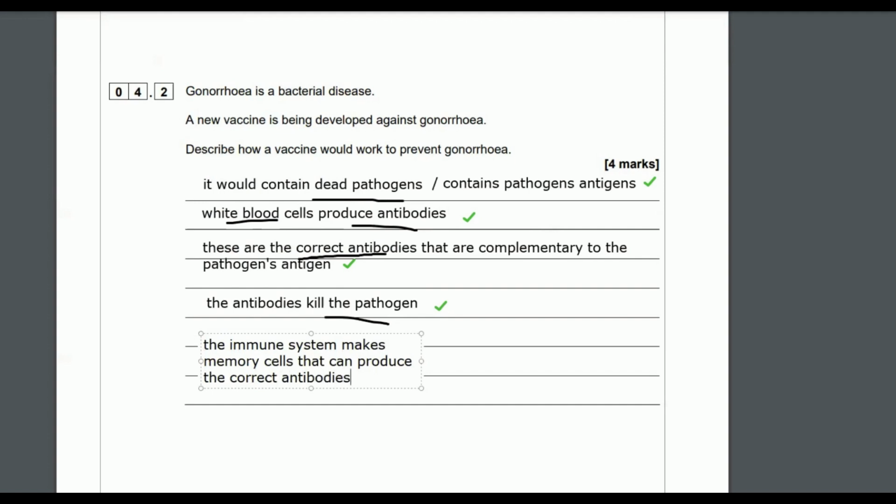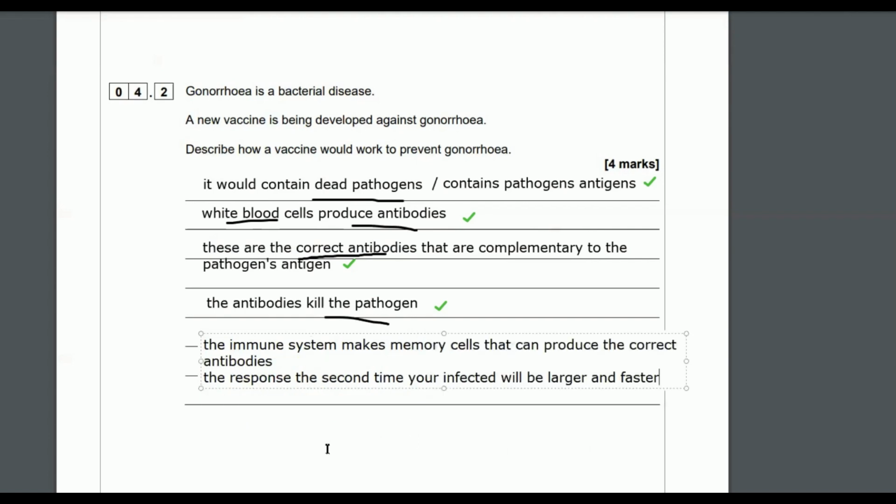The response, the second time you're infected, actually, it's not really the second time, it's the first time you're infected with the live bacteria, will be larger and faster. So when you have memory cells, you will have a larger and faster response. Just mentioning memory cells will get you a mark. And then, of course, how does it prevent gonorrhea?